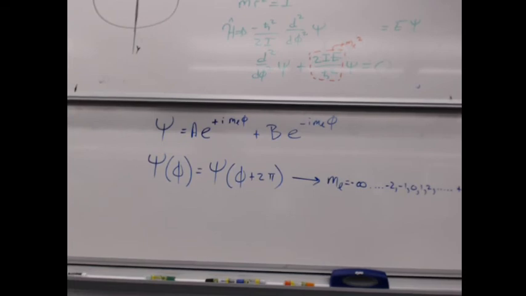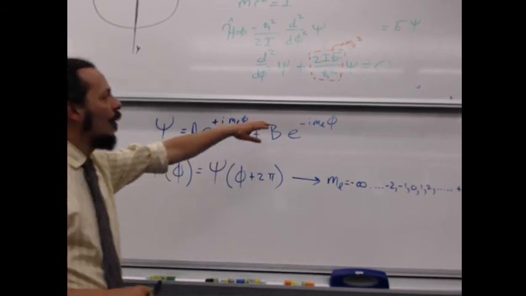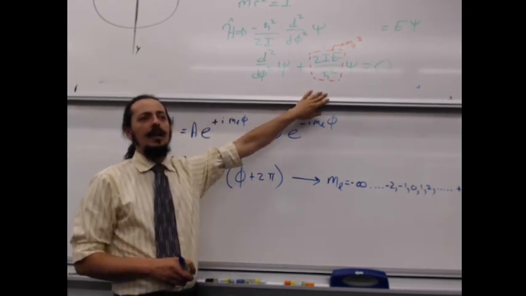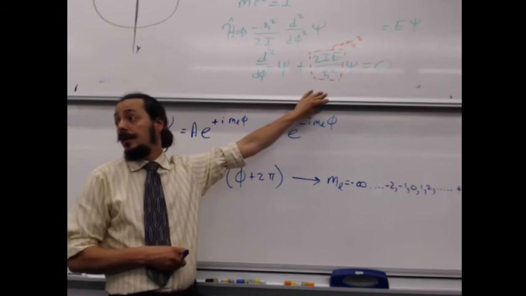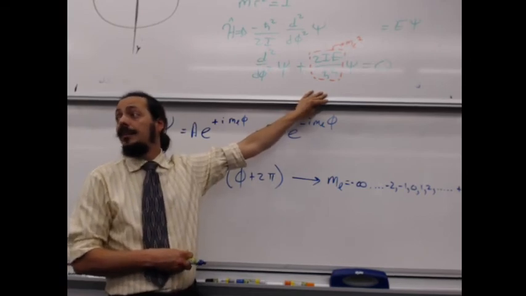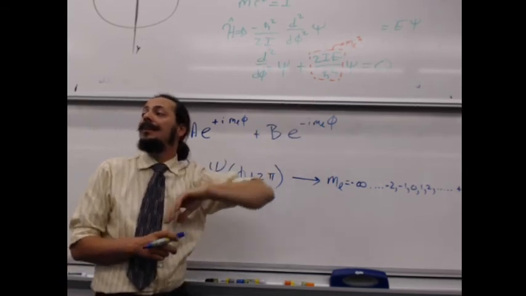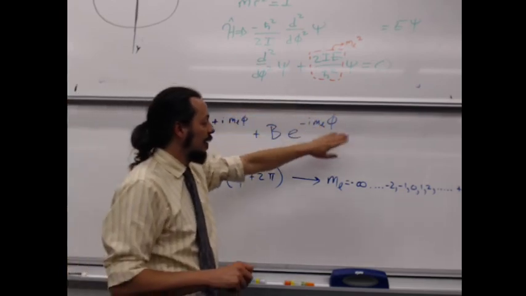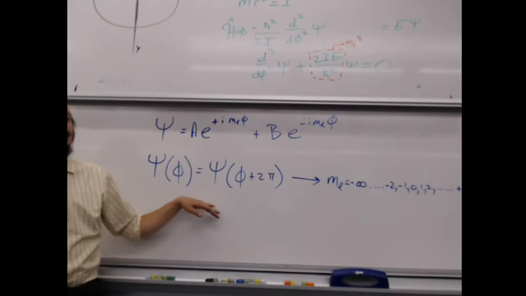And we've essentially restricted what our wave function can be. And in doing so, we've restricted what our energies can be, how fast this thing can rotate, and which speeds, even which velocities it could even rotate at. What momentums, what angular momentums it could actually have are going to be restricted by applying this boundary condition.